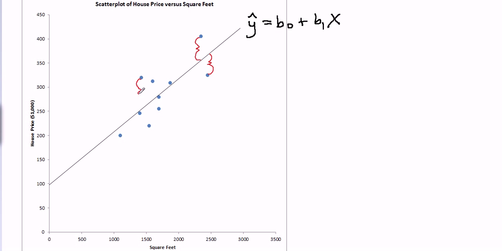And if I draw one of these for all of these points, because they all matter, some of them are very close, some of them are further. Remember, n was 10 here. I have 10 points, so I'm going to have 10 of these brackets. Each one of these brackets represents the height from the point to the line, and we call that a residual.